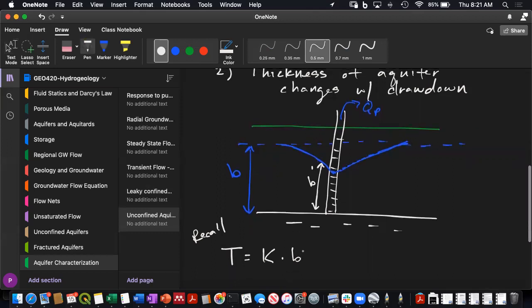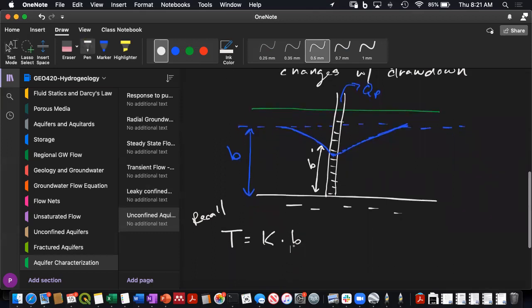Well, the conductivity is fixed by the porous media. So as the thickness reduces in an unconfined aquifer, the transmissivity reduces. The more we pump an unconfined aquifer, the less efficient it is at transferring water.